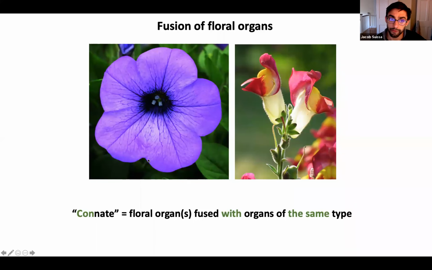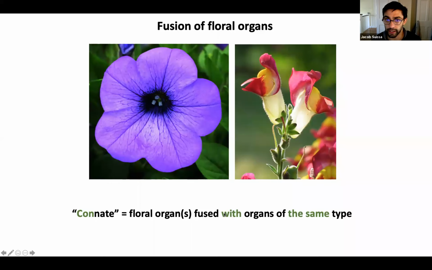Generally we think of the fusion of petals, but you can have the fusion of many other organs. Essentially, when any floral organ, or really any organ in general, is fused to another one of itself, like if multiple petals are fused, as you see here, we call that connation, or connate.